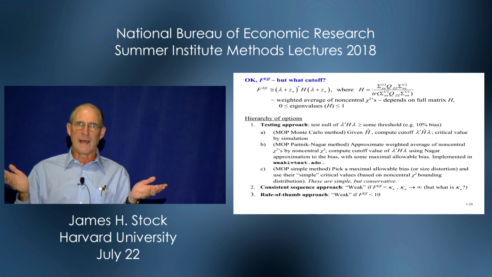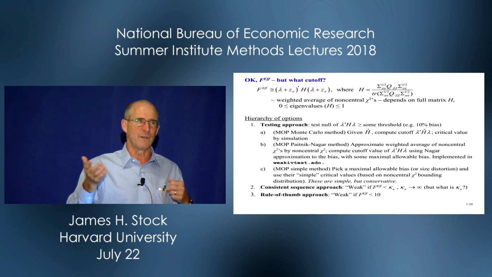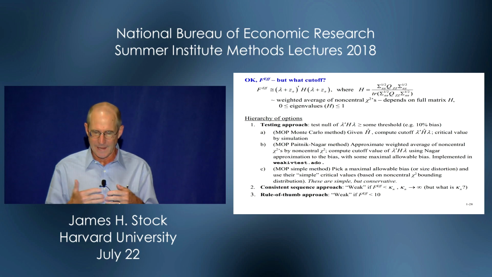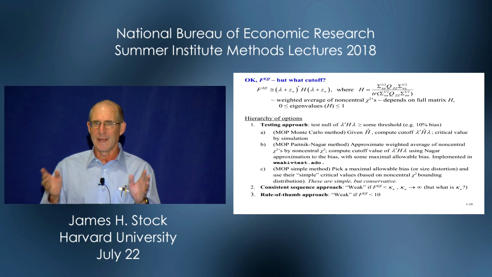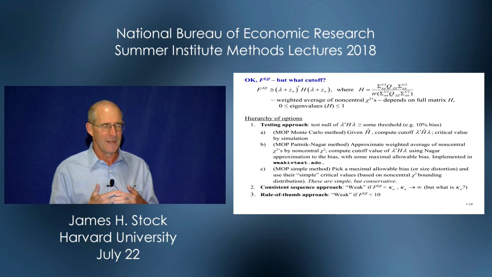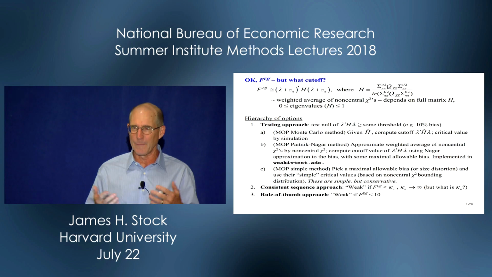So the answer is you should compare it to a sequence that's indexed to the sample size, and so that's comparing it to kappa sub n. And then the econometrician stops, and you have to figure out what kappa sub n is. And one option is setting kappa sub n equal to 10.